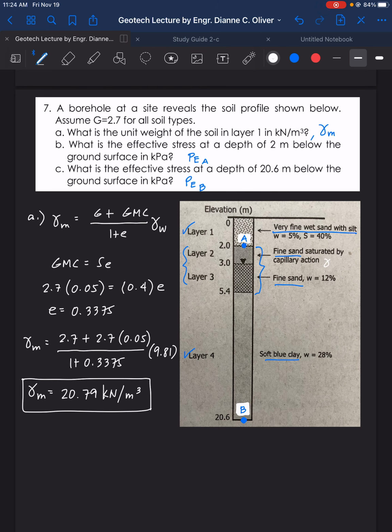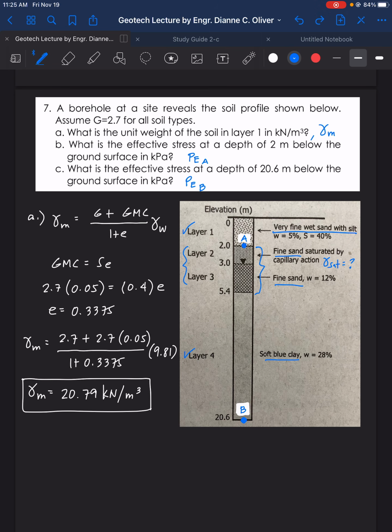So, gamma sat? Because gamma moist is located there at layer 1 because of the presence of S equal to 40%. So, what is gamma sat for layer 2?